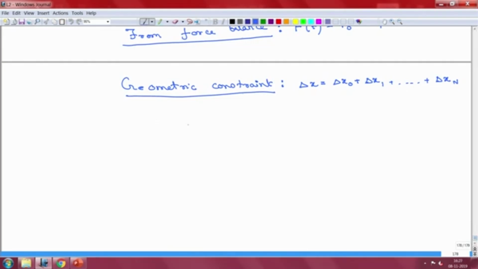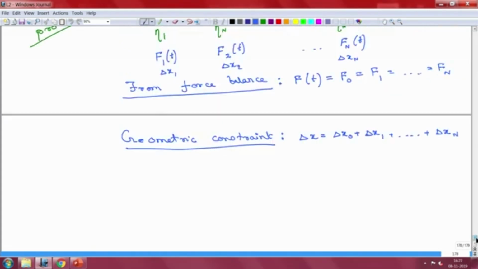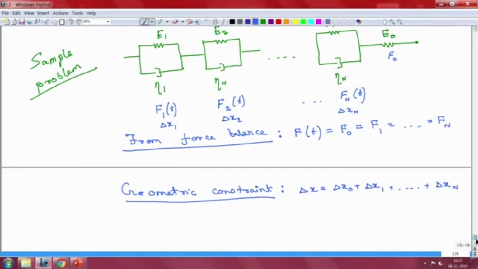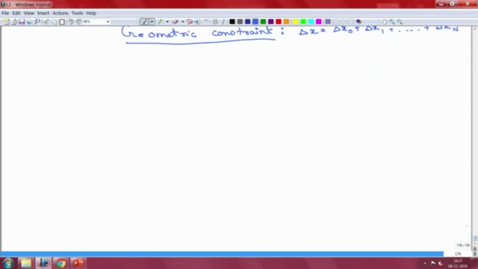So, let us start with, just to simplify our situation, because this spring stands out, I will just write the spring equation first. Okay. So, the equation of the spring is going to be F naught equal to E naught into delta x naught.